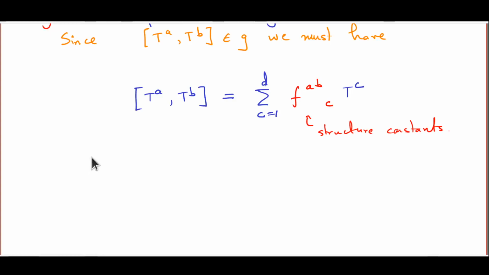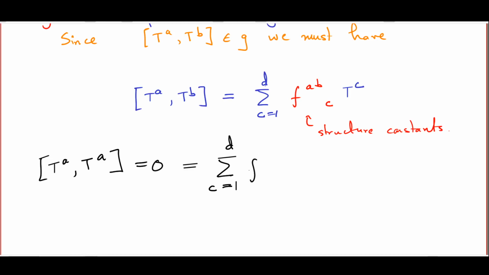Now, since the basic property of the Lie bracket is that the Lie bracket of an element of the Lie algebra with itself is 0, you must have Ta, Lie bracket with Ta must be 0, and this has to be the same as sum over c, c going from 1 to D, of f_aa^c T_c.